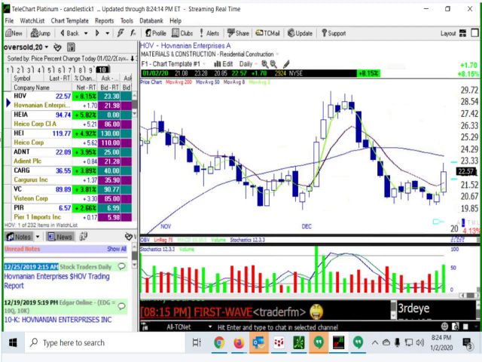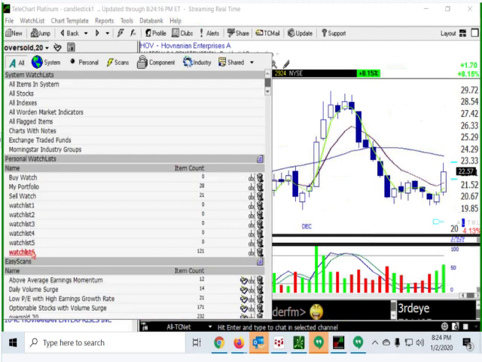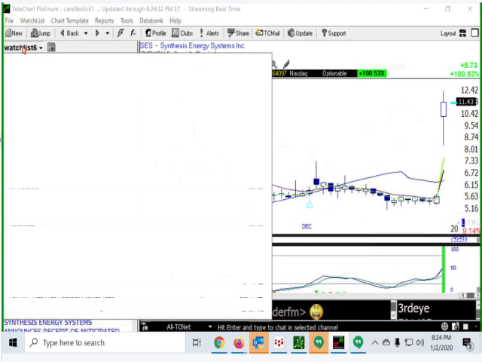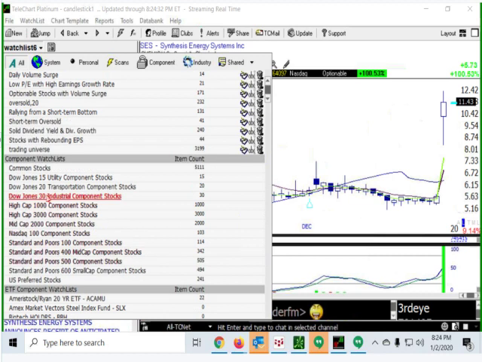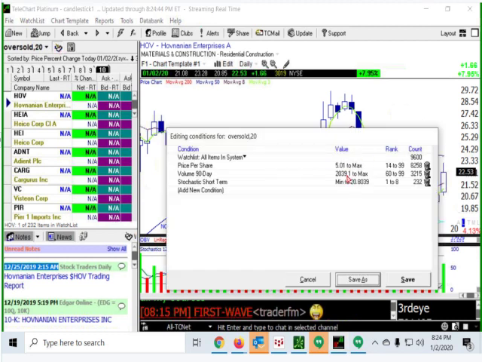Okay. So now I've added those to my watch list 6. So I unflag them all, and this is where I start what we're going to be doing tonight. So I've done my scans. Now, as I mentioned before, you could take this scan, oversold stocks, with these criteria, and then say, for example, you wanted to add another criteria, which is the formula for the doji.